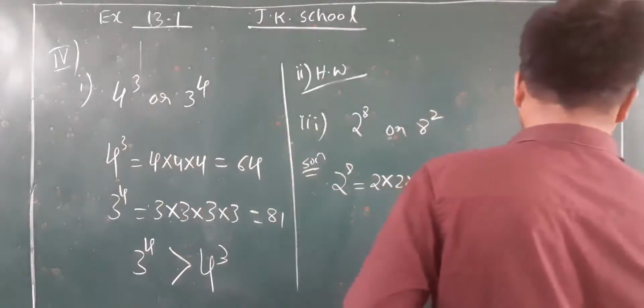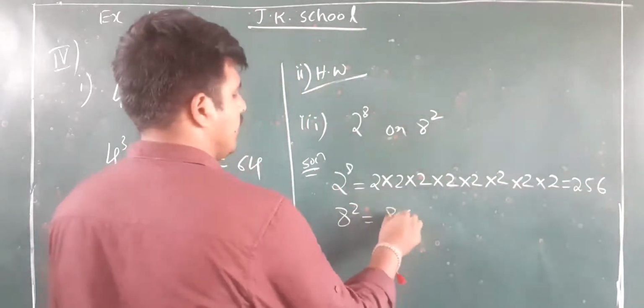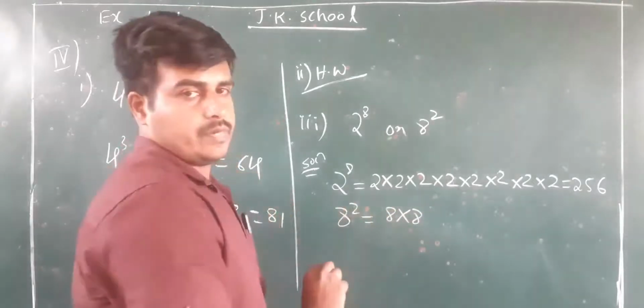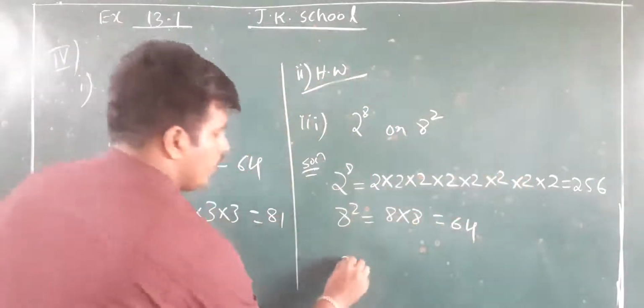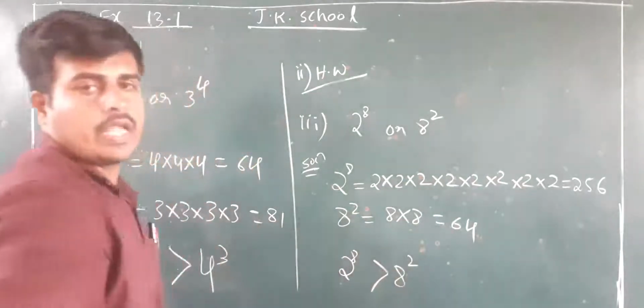The answer is 256. 8 square means how much? 8 into 8, 8 multiplied 2 times, is 64. Which one is greater? 2 raised to 8 is greater than 8 square.